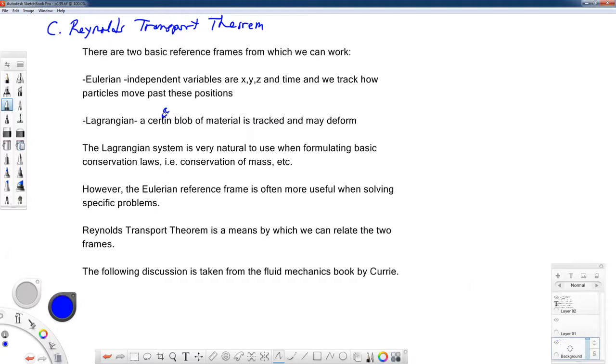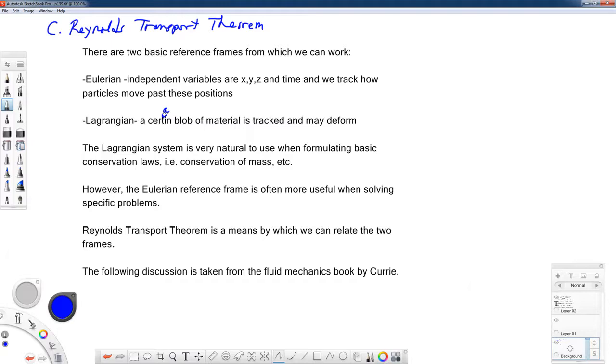As we'll see at the end of this lecture, we're going to formulate the conservation of mass in the Lagrangian system. Then we'll be able to use the Reynolds Transport Theorem to get us to the Eulerian system. The reason why we're often interested in the Eulerian system is that reference frame is often a lot more useful on solving some specific problems. So the Reynolds Transport Theorem is a means by which we can relate the two frames.